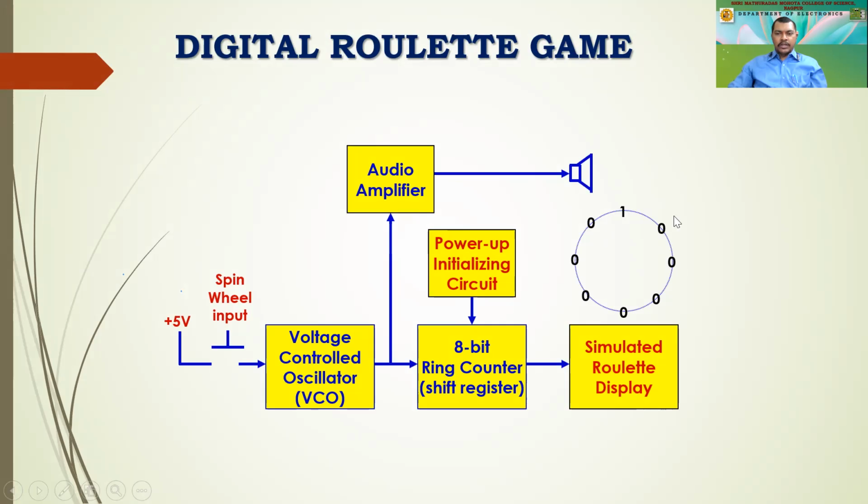This one is going to shift, right? Likewise, so this is shifting. You are able to see this one. This is shifting, and this is due to the shift register that we are using. So this is the display, and this is for initialization. This is an 8-bit ring counter. We call it a shift register, just a ring counter.